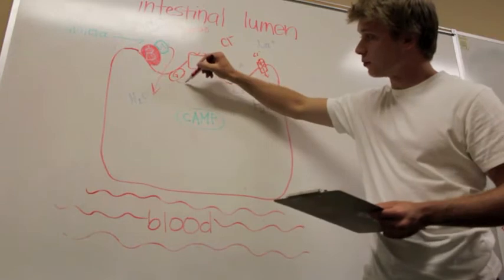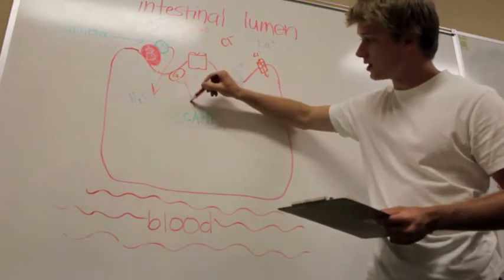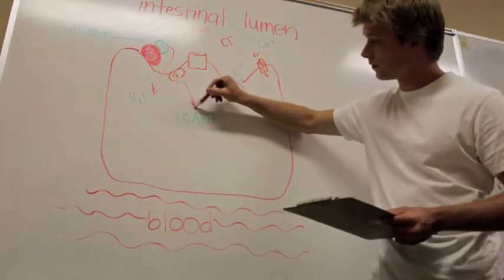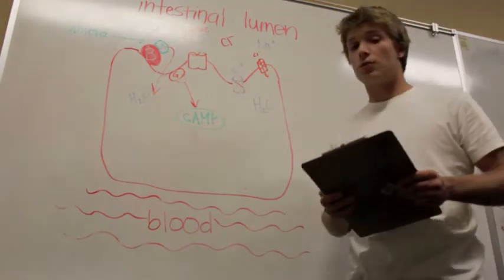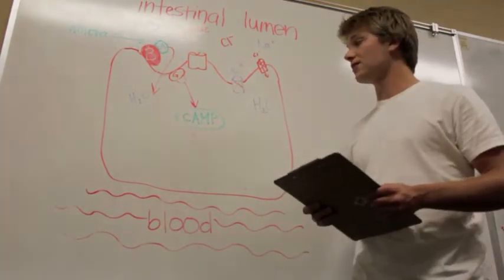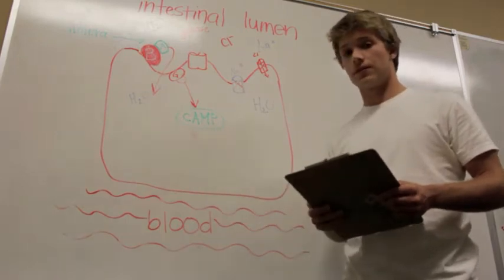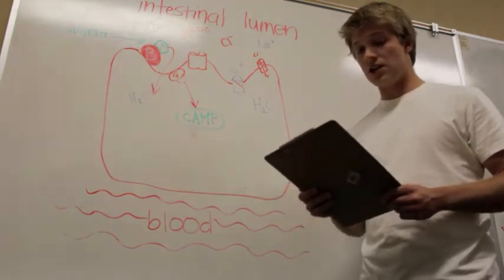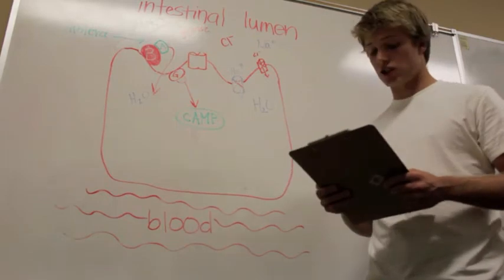One of the roles that the G protein has is the stimulation of cAMP. If the G protein is prevented from being inactivated, it will generate excess levels of cAMP. One of cAMP's roles is the regulation of ion channels.